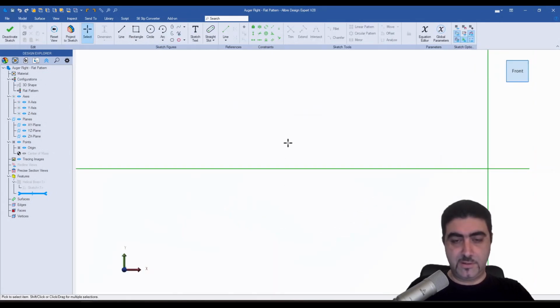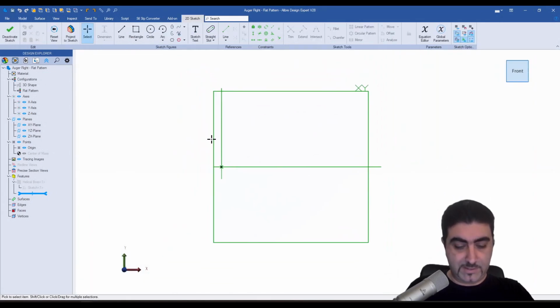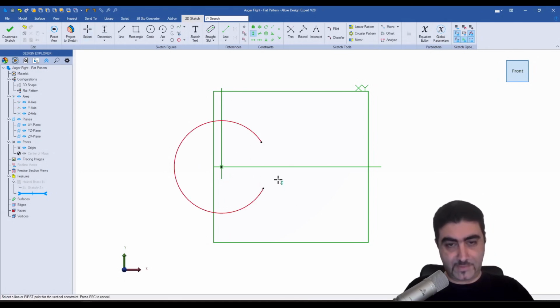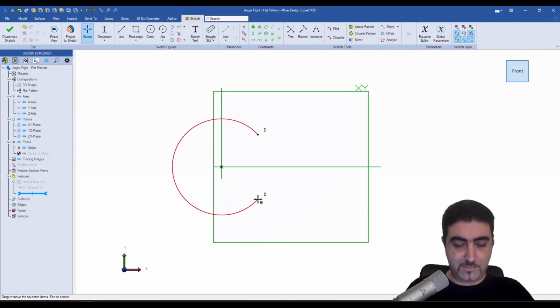Now I will go into the XY plane, start, whoops, sorry, wrong command, start a center arc, make these 2 points vertical so that they are symmetric.